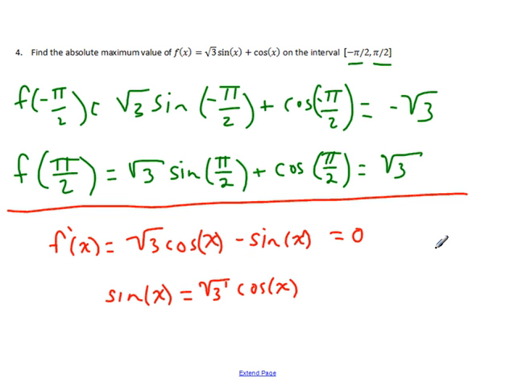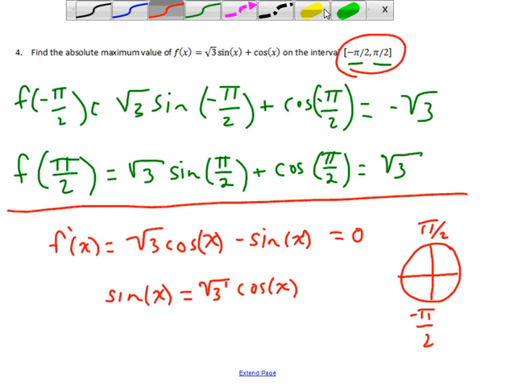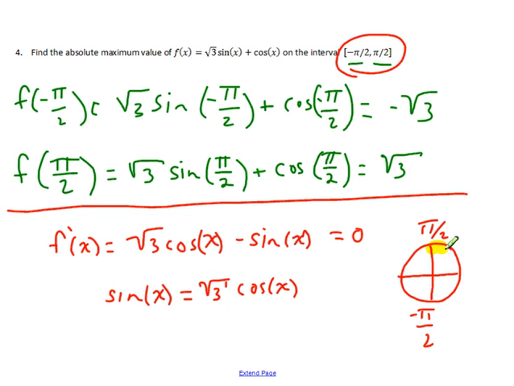Well, if we think about our unit circle here, first things first, the interval that we're looking at is from negative pi over 2 up to pi over 2. That's the interval I'm looking at.